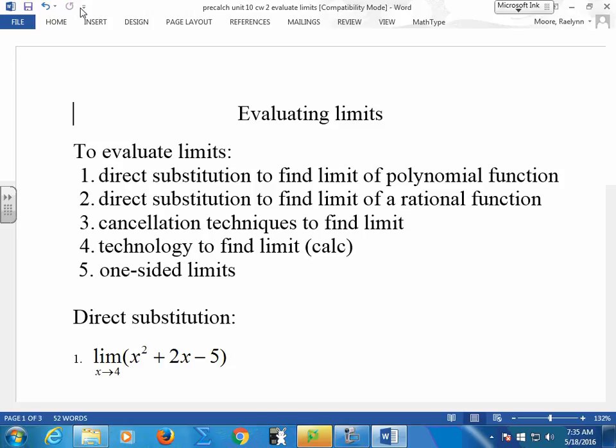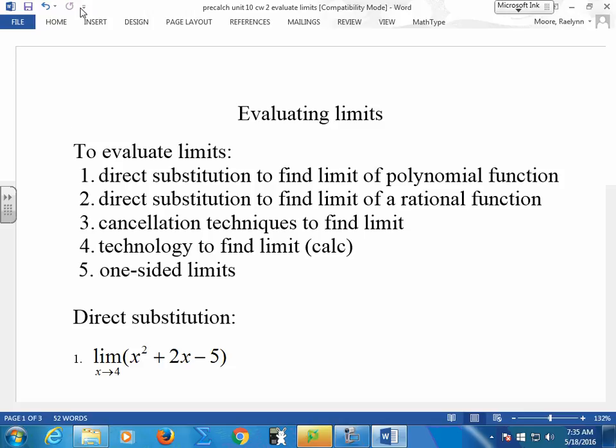So it's the y value that x value gives us. We can find the limit of a rational. We can use cancel techniques. This is your factoring techniques. Find your point of discontinuity. You can use your technology, put it in your calculator, look at your table. And you have one-sided limits, and we'll look at those a little bit separately.